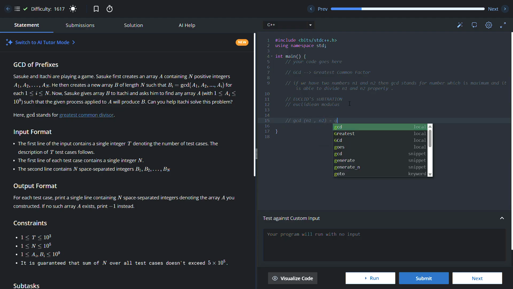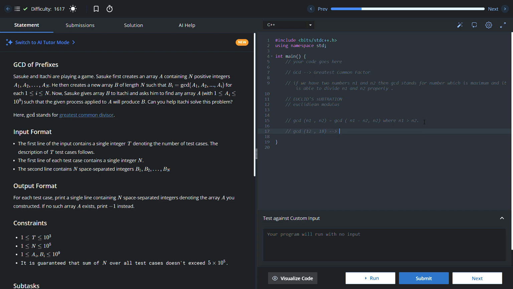Then it is equal to GCD of n1 modulus n2, or we can say n2, where we take n2 as the minimum and n1 is greater than n2, and we have to call this function recursively, so that one of the numbers will be 0 and the other number will be the resultant GCD. I can tell you this with one example, like GCD of 12 comma 18.